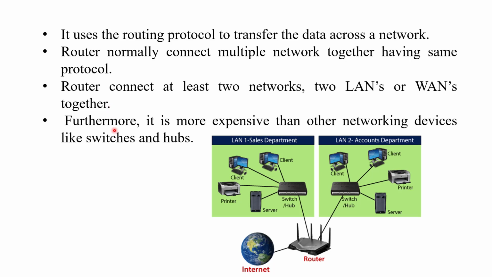Due to this, router is more expensive than other internetworking devices like switches and hubs. Here we see this is one LAN segment, this is the second LAN segment, both having the same protocol. So the function of the router is to connect two networks having the same protocol. Router is an internetworking device. It is used to form a big network.